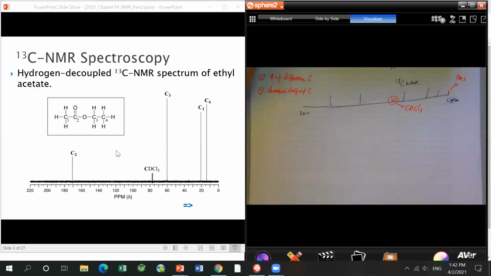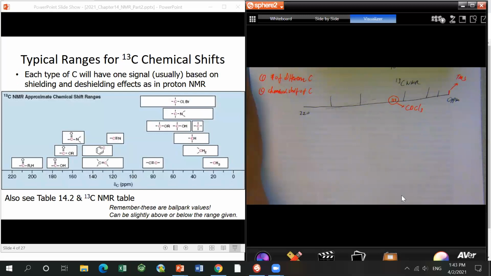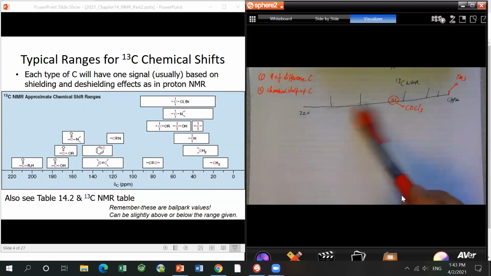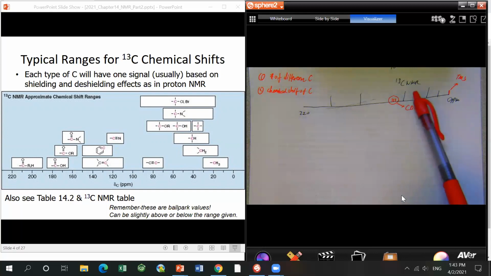For the carbon NMR signal, the purpose of the CDCl3 is, first, deuterium. You replace the hydrogen with deuterium so the solvent hydrogen doesn't show up in proton NMR, and you leave a little bit of unchanged proton in the solvent.